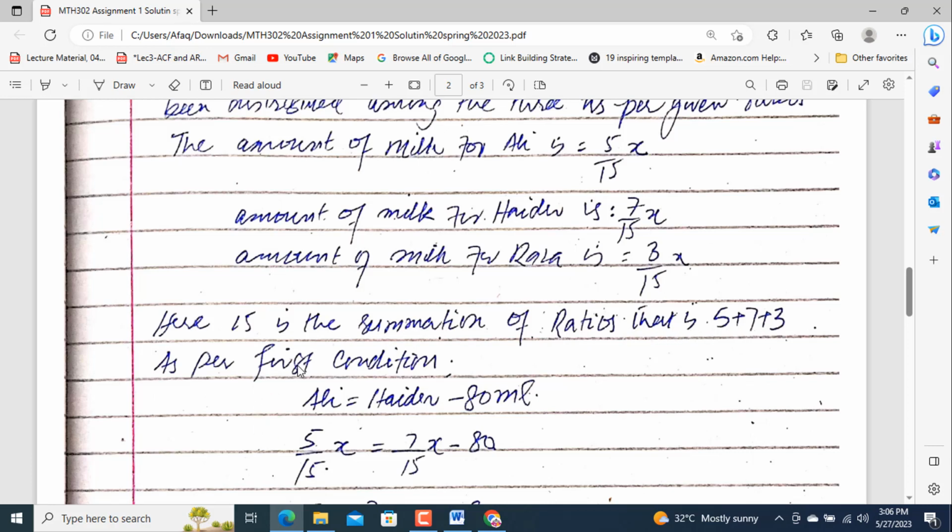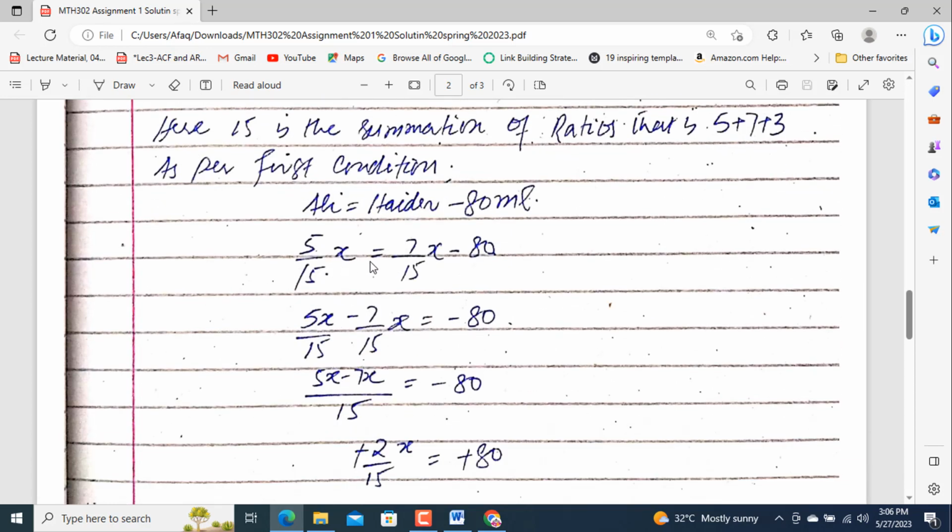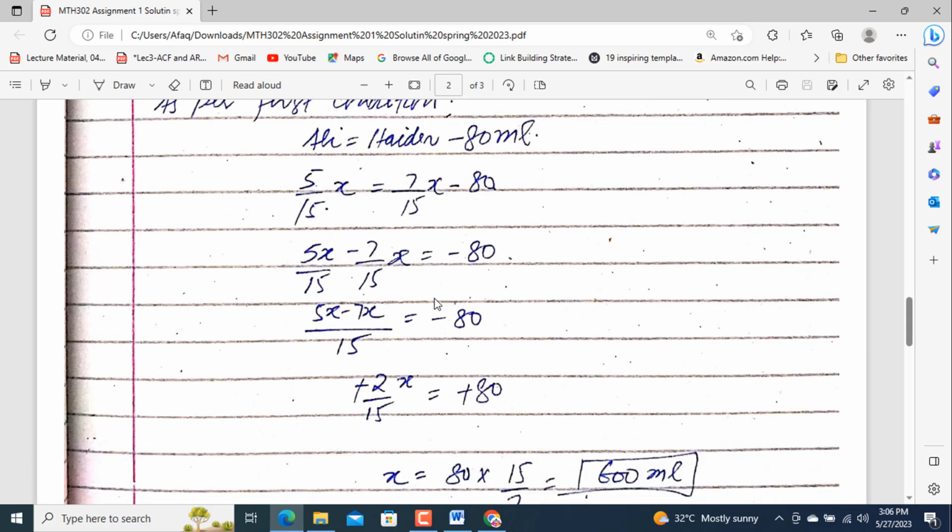As per the first condition, Ali is equal to Haider minus 80 milliliters. Putting the shares of Ali and Haider in this equation, we get 5/15 X is equal to 7/15 X minus 80. When 7/15 X shifts from right to left, its sign changes from positive to negative.